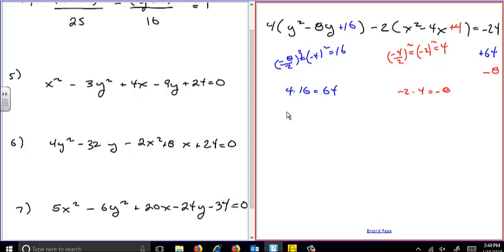So now this can be rewritten as 4 times y minus 4 squared minus 2 times x minus 2 squared. And if I do the right hand side, I get negative 24 plus 64 minus 8, and I get 32. Now I need a 1 on the right hand side, so I'm going to divide everything by 32.